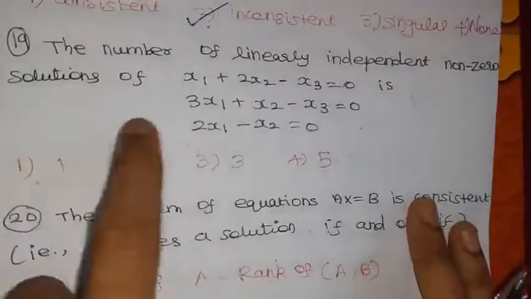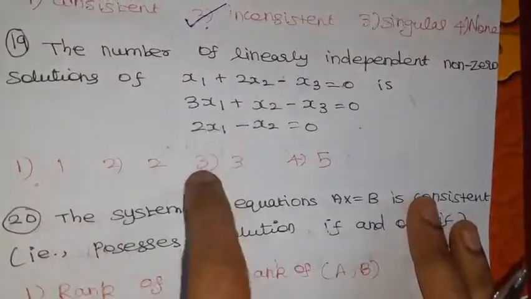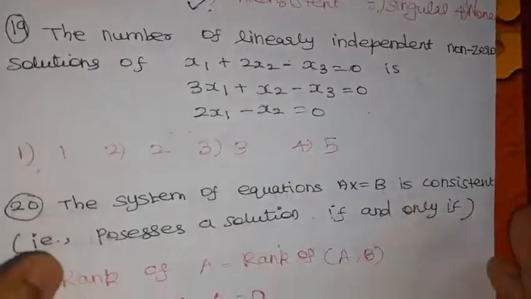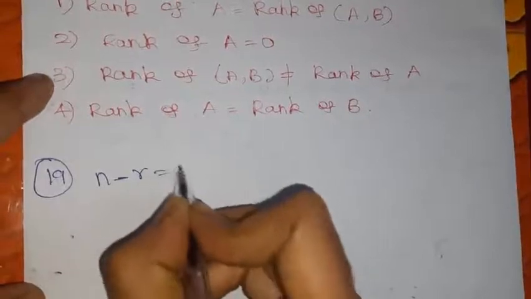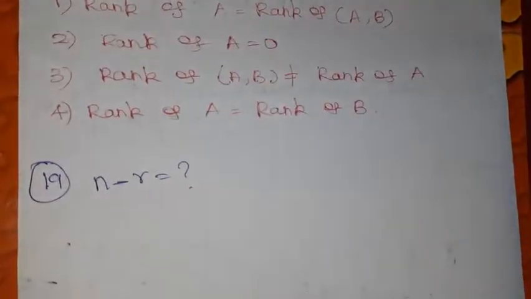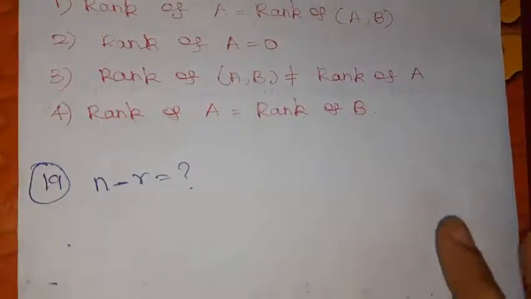Similarly, we are going to find out the number of linearly independent solutions using that formula n minus r. So I am solving here 19, n minus r, the question asked, number of linearly independent solutions.